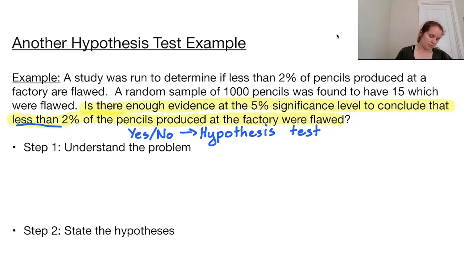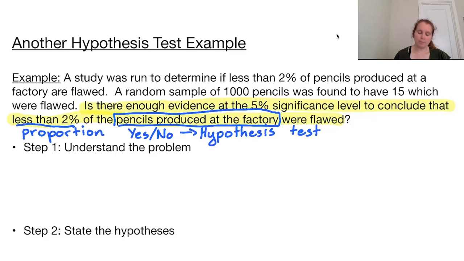So less than 2%, we're talking about percentage or proportion. And we're just looking at pencils produced at the factory, so we're just looking at one population. So we're doing a one proportion test.